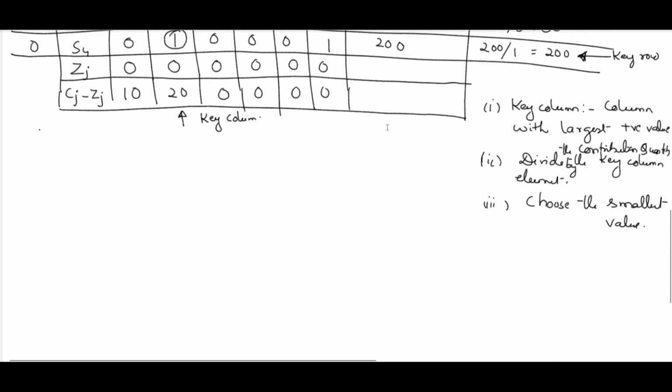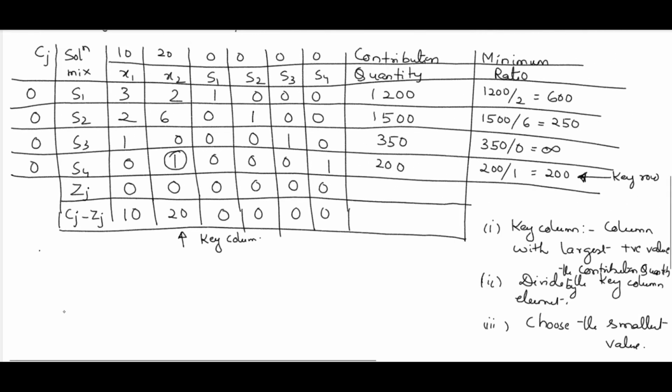Now it is clear that S4 is the outgoing element in the matrix, and it is replaced by x2. Now we will make another table.